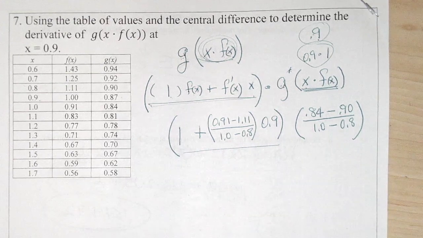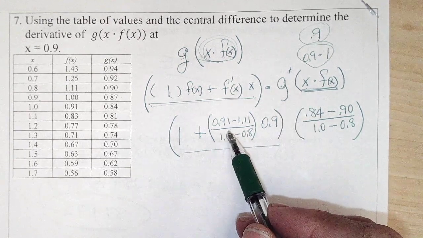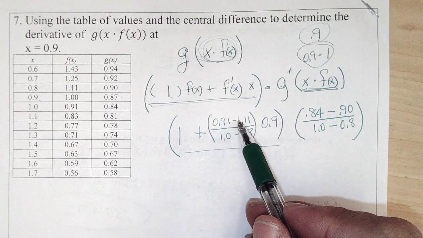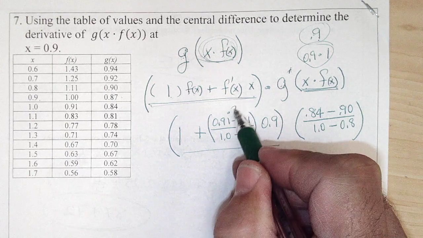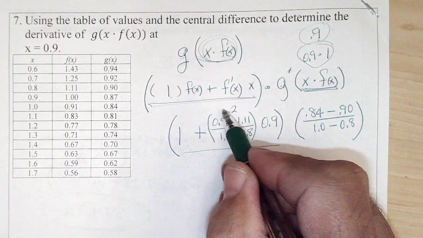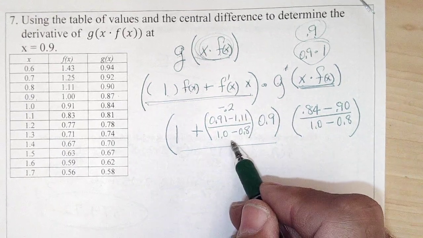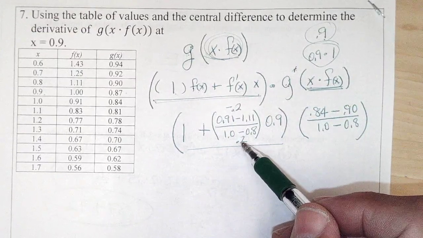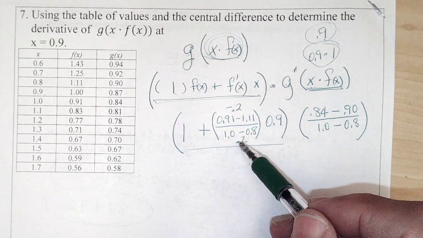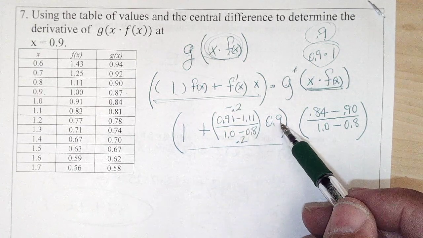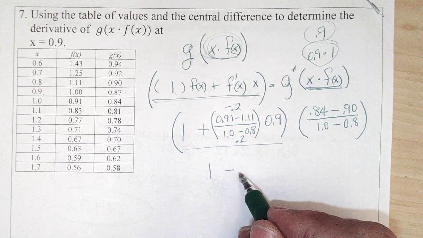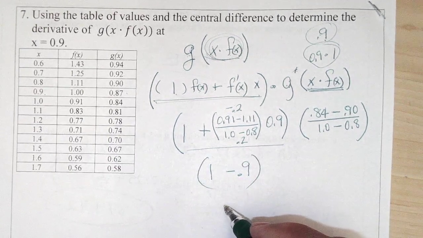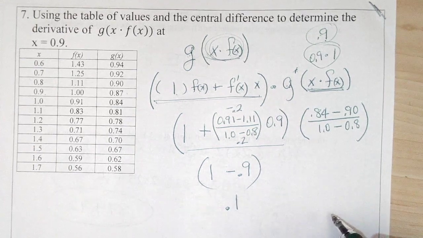Now it's just a matter of figuring this quantity out. So 0.91 minus 1.11 would be negative 0.2, and this is 0.2. So 0.2 divided by 0.2 is 1 with a negative, so that's negative 1 times 0.9. So we have 1 minus 0.9, which is 0.1.